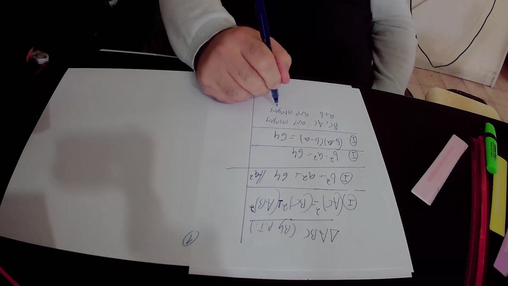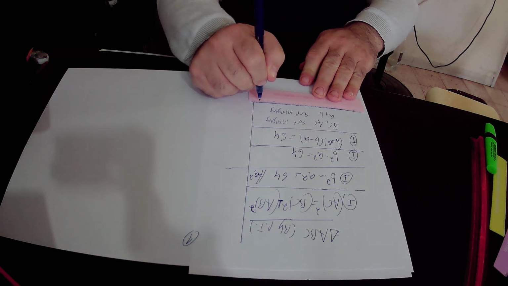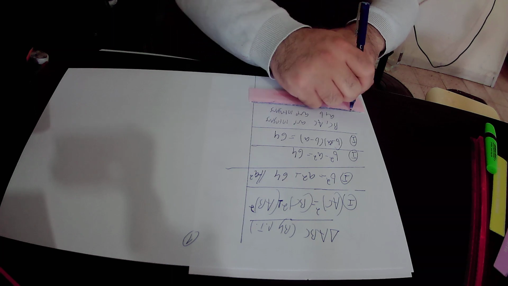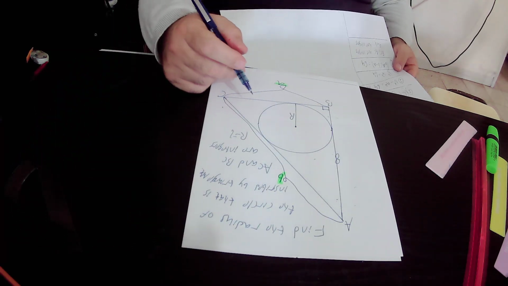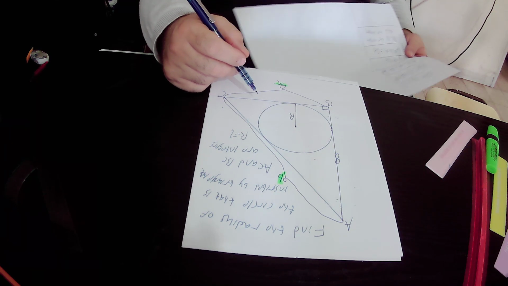A and B are the lengths of the sides of the right triangle ABC.